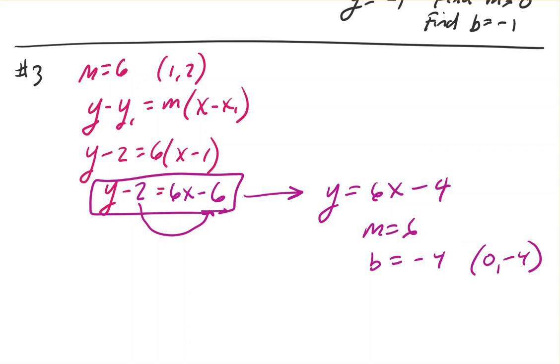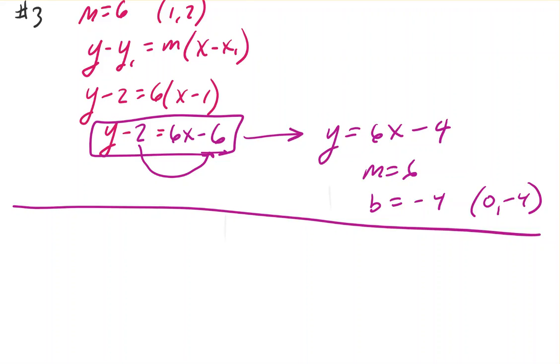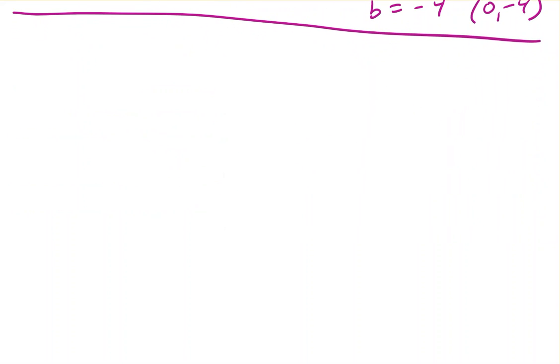All right, let's move on to question number 4. And again, put me on pause, you work question number 4, and then come back to me. Okay, so question number 4 looks like this. Okay, so here we go. The slope is 1/3. The point is -3, 1.